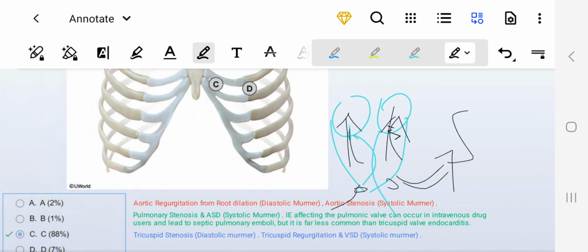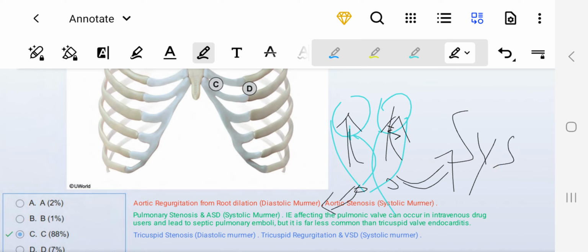For both semilunar valves, if there is aortic stenosis and with that there is pulmonic stenosis, that will produce a systolic murmur.